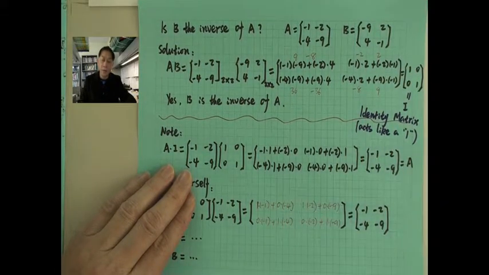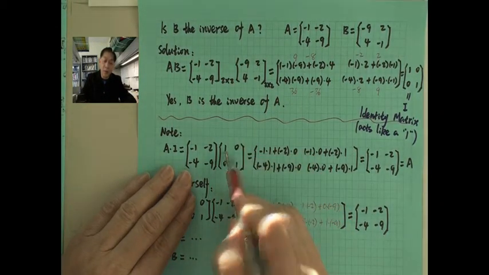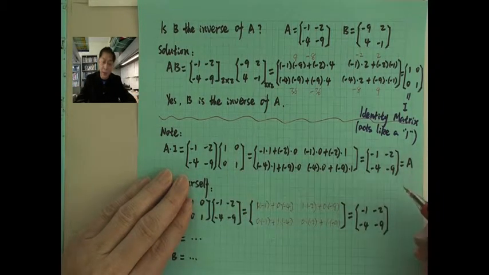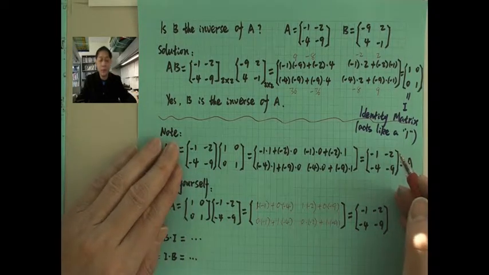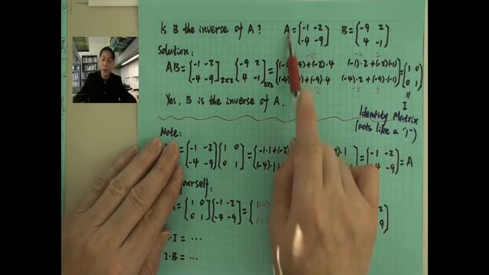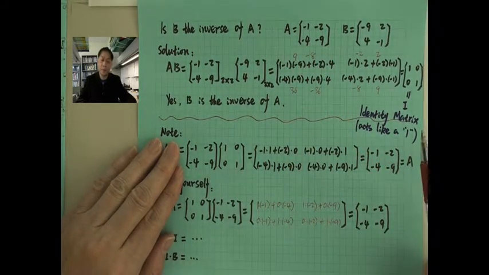Now, sometimes a matrix is special, like this: 1, 0, 0, 1. We are going to see what happens. So let's consider matrix A times this special one. What do we get?